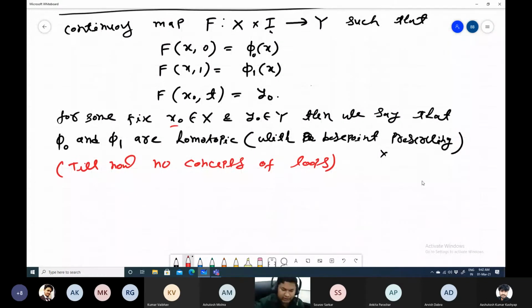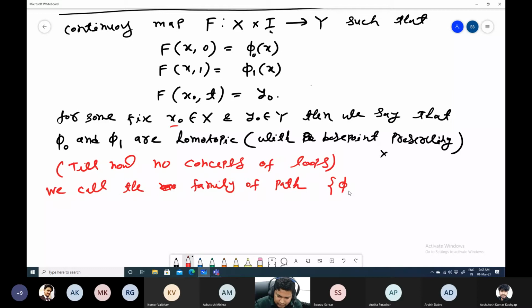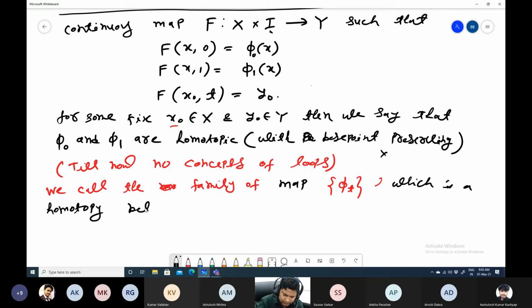Good. So now why are we doing that? Suppose we call the family of paths, phi t, the family of maps, which is a homotopy between phi 0 and phi 1.